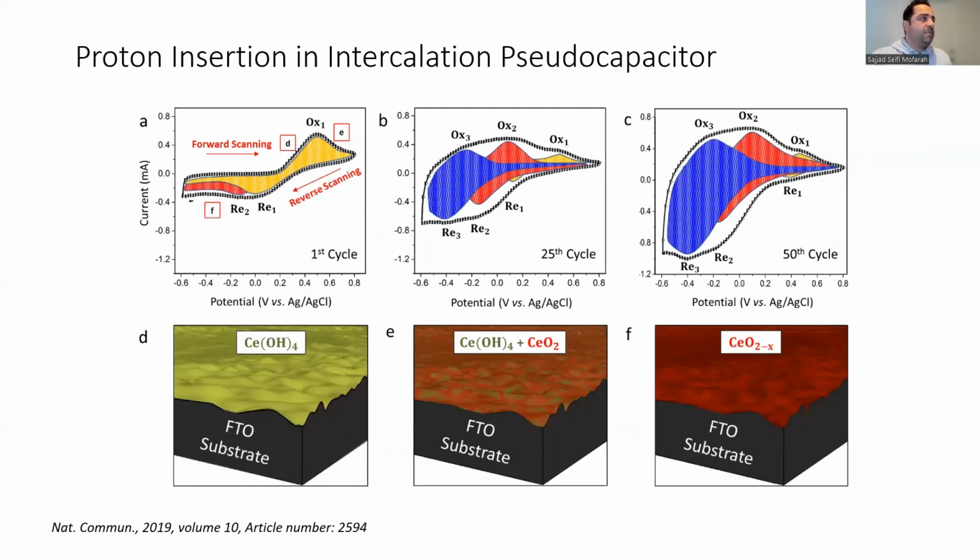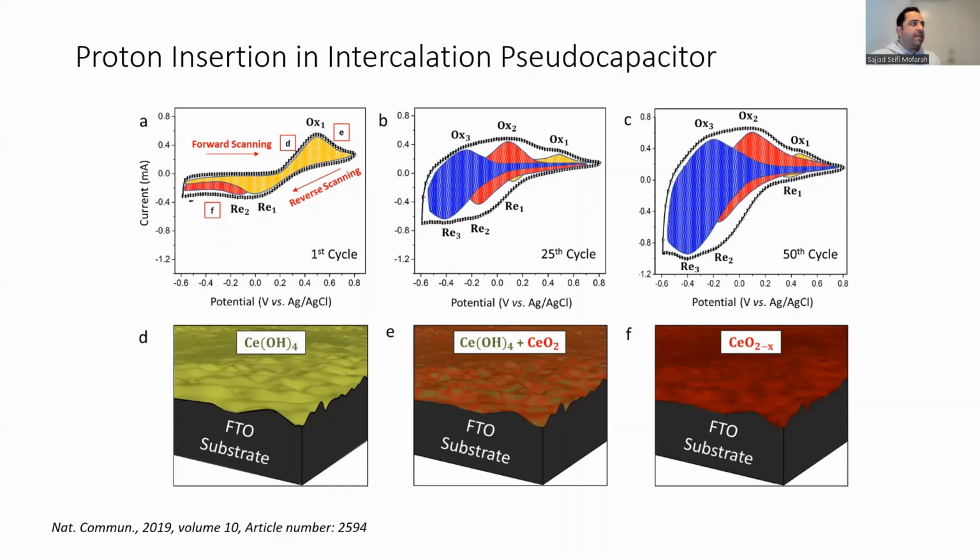This is very interesting. This is a cyclic voltammetry of cerium oxide in aqueous solution, and we used the FTO substrate as the working electrode for depositing cerium oxide at the surface. The very interesting thing is that because cerium has two oxidation states, Ce3+ and Ce4+, the general belief is that we have one oxidation peak and one reduction peak, and they are irreversible.